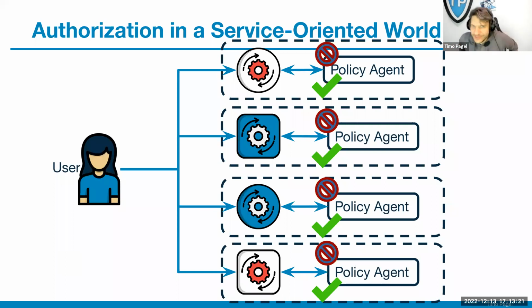But the pattern, I'm not sure if there is a specific pattern for it. Yeah, but it's authorization per service, right? Whether it's done inside or outside the service, each service has its own authorization model that can be enforced by maybe somebody else, but is dedicated to that service. Yeah, I totally agree. Maybe there should be a name. Maybe we can invent one.